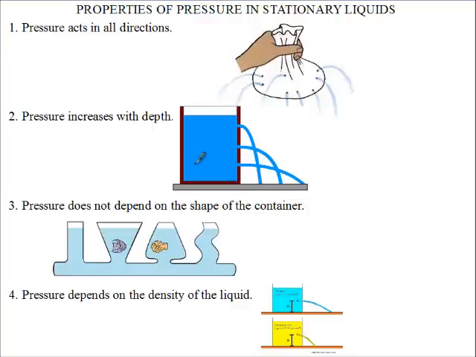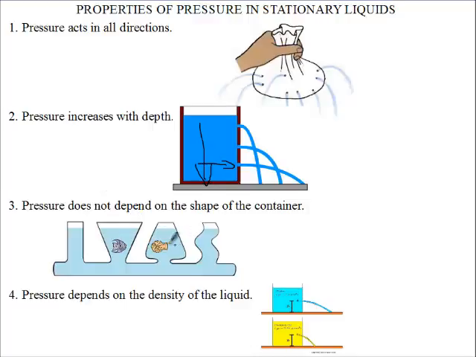The reason is because the pressure with which the water is coming out is much greater. So pressure increases with depth. In the top hole, the pressure is okay. It gets greater in the middle and then greatest at the bottom. So as you move down, the pressure increases. That is the second rule.